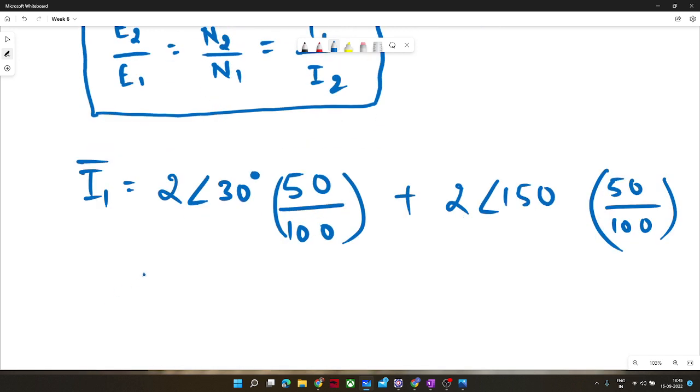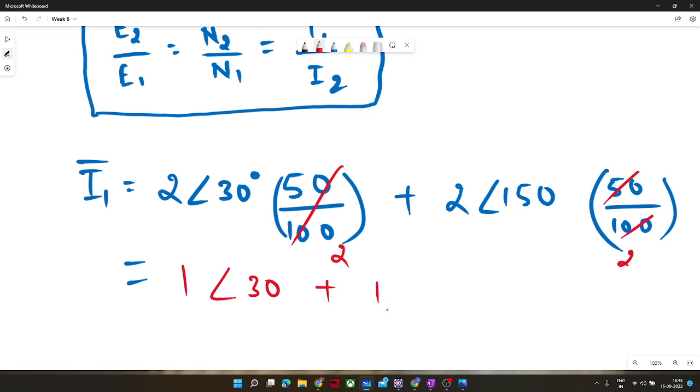If anybody has any doubt, you can stop me in between. So it will come out to be half. So it will become 1 angle 30 plus, again half, so 1 angle 150, right?